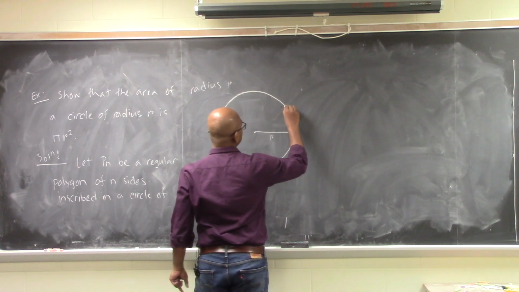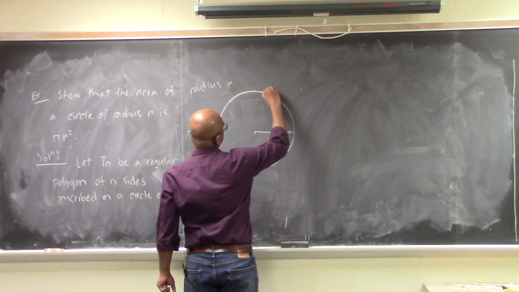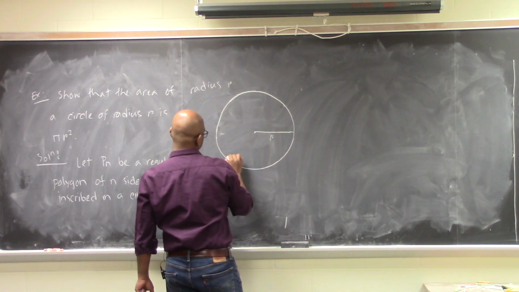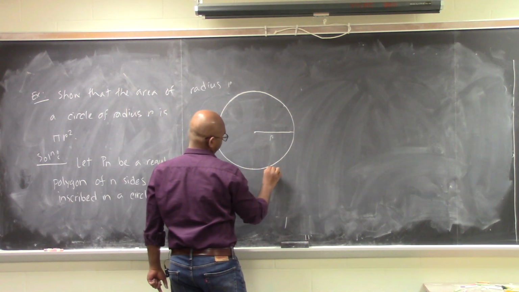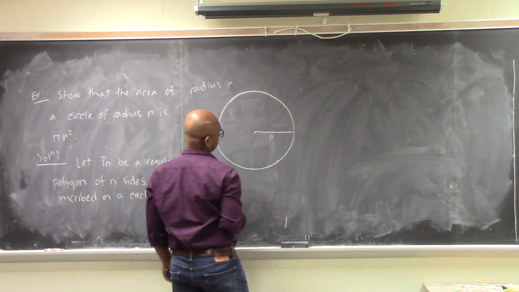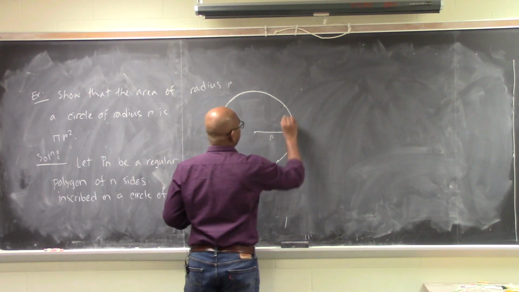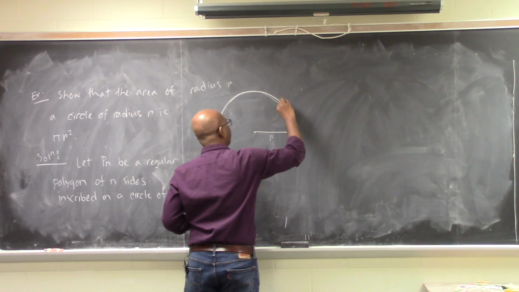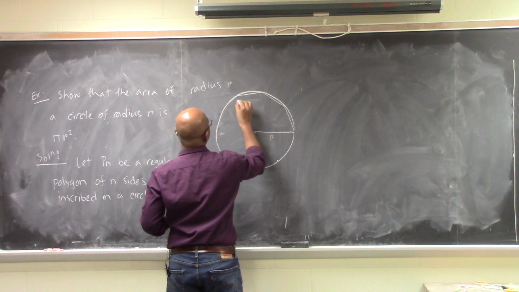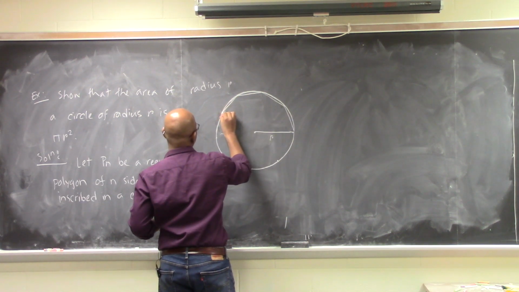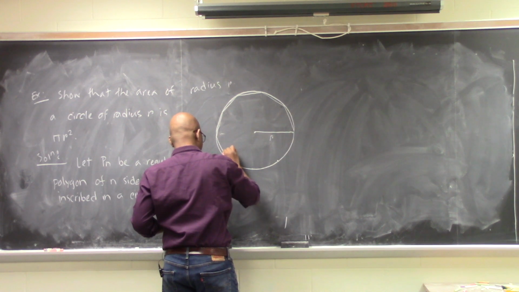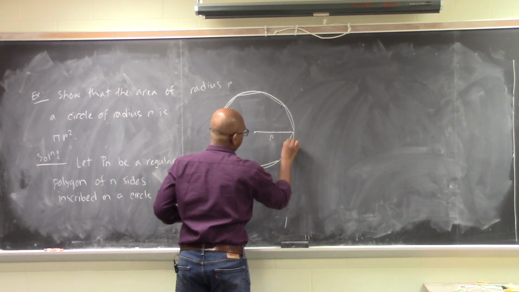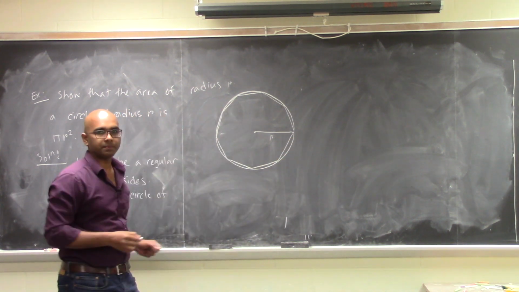Okay, so let's say this, this, this, this, so this. Okay, let's say these are the vertices, and then we'll join those. Okay, so this is my Pn.